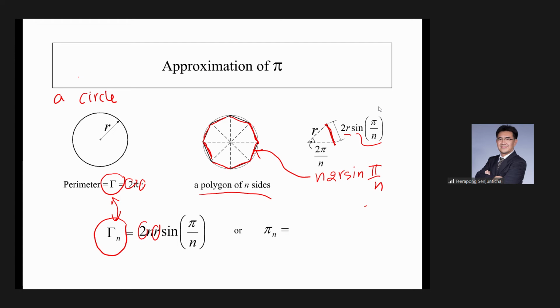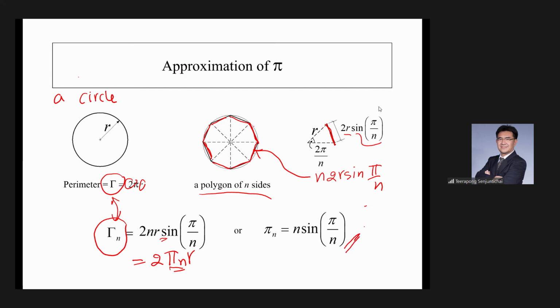So you can say that pi n, what is pi n? If you compare, that is equal to 2 pi n times r. So when you compare pi n here and the term here, you will see that pi n would be equal to n sine pi over n.